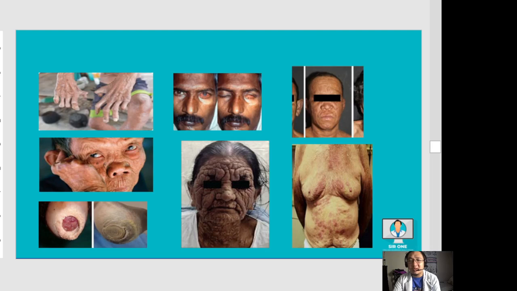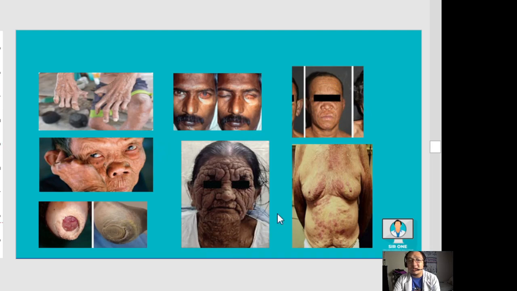So these are some of the manifestations. Here we have the loss of the bones naturally, the contractures, the clawing of the fingers. Then we have the lagophthalmos, inability to close the eyelids, as you can see in the pictures. We have madarosis, loss of eyebrows.